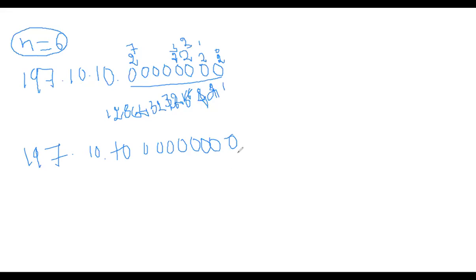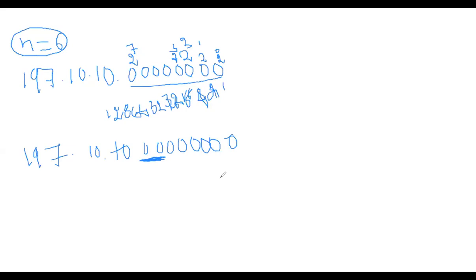Your n value is 6. You have to count from the right-hand side to the left-hand side. This is 1, 2, 3, 4, 5, 6. After 6, you have to make these 2 zeros as 1.